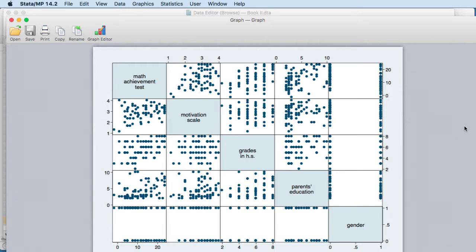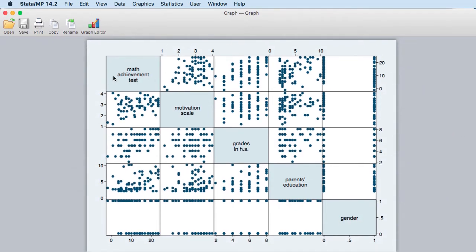If we look at this scatter plot matrix, we can see some linear relationships between our dependent variable and our independent variables. For example, in this case, low motivation scores are associated with low math achievement scores, and high motivation scores are associated with high math achievement scores. So we have somewhat of a linear pattern.